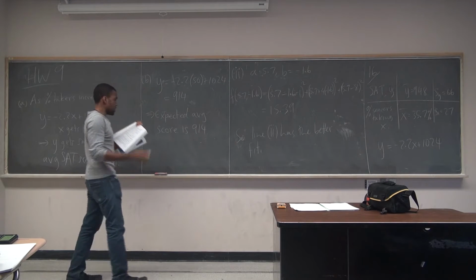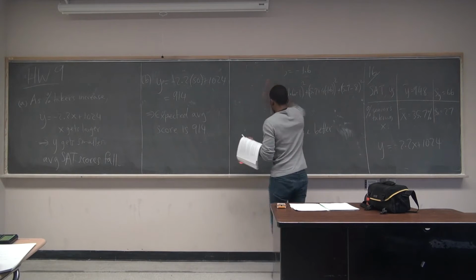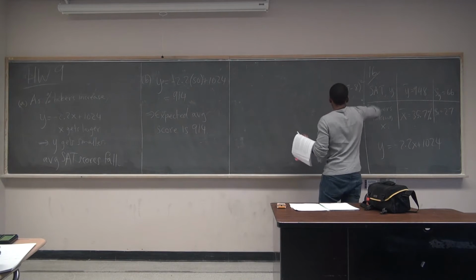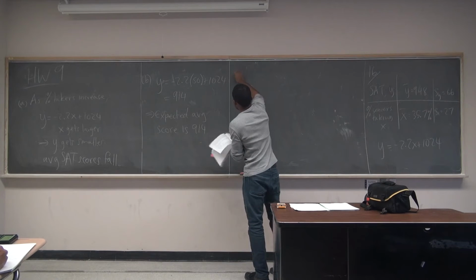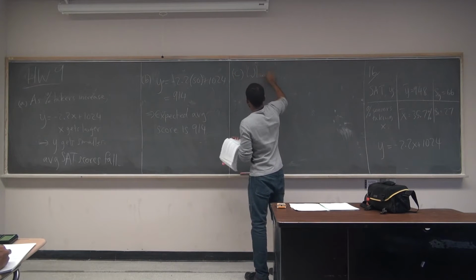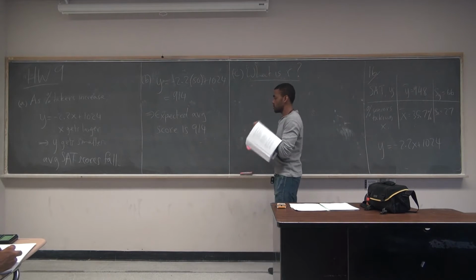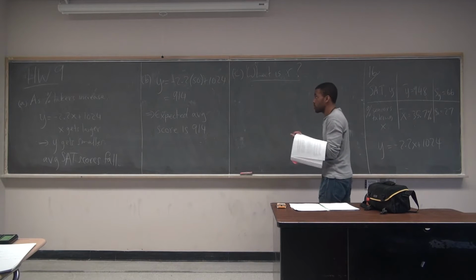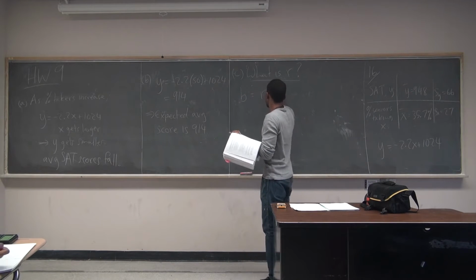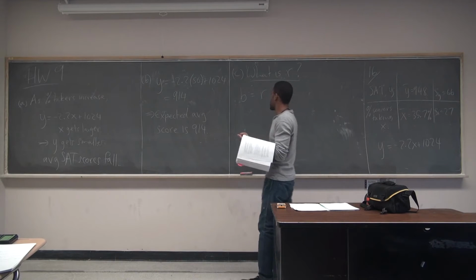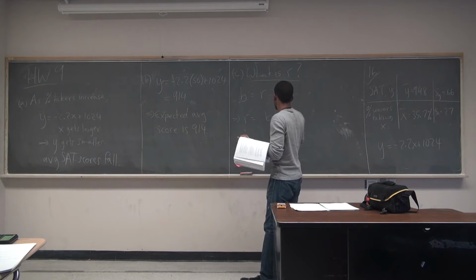What is the value of the correlation coefficient? So this is C. It's asking what is R here. How do you find that? We know B equals R times SY over SX, which means that R is equal to B times SX over SY.